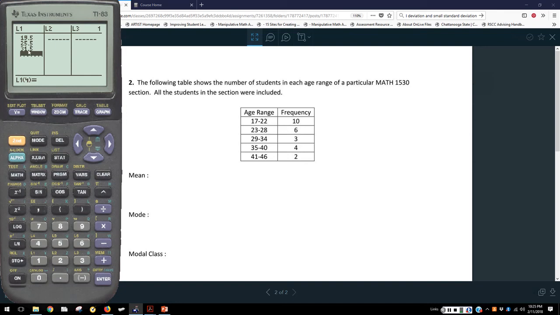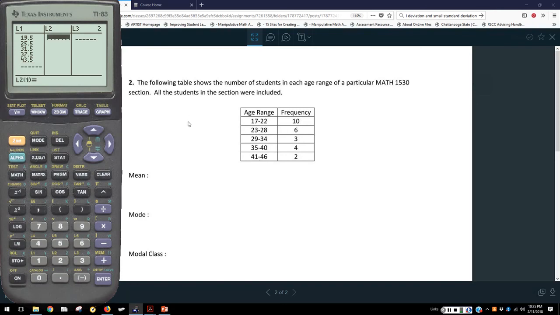Plus 6 is 31.5. Plus 6 is 37.5. Plus 6 is 43.5. And I don't have to continue to do those. Now, you can do that either way that you want to. But the point is, you need the midpoint of all your age class limits.